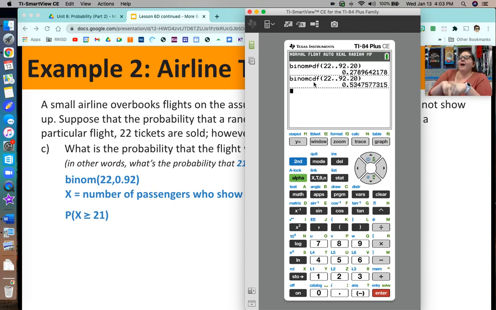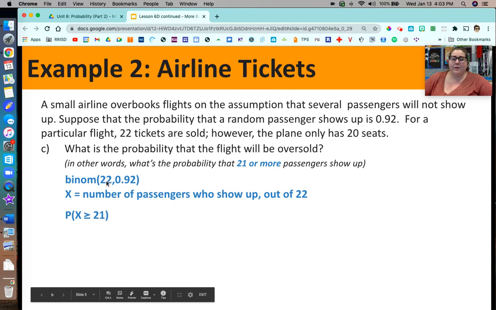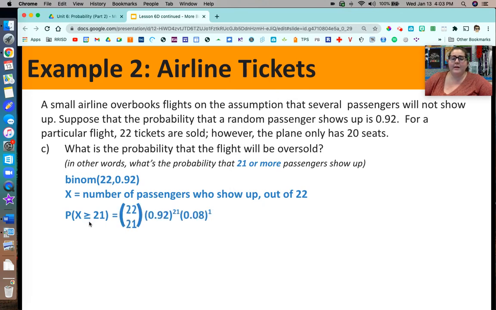Your calculator does not have a shortcut for greater than or equal to, which means if we want to find a greater than or equal to probability, we have to work around that, or use binom PDF. In this case, because my n is 22, greater than or equal to 21 is literally just 21 or 22.